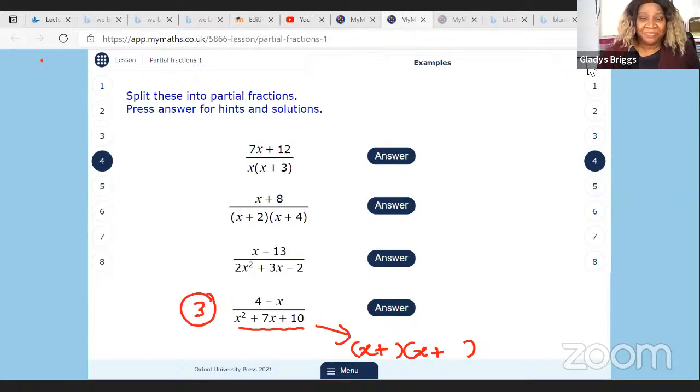Hamad, no, expand what you just written to see whether you can get x squared plus 7x plus 10.